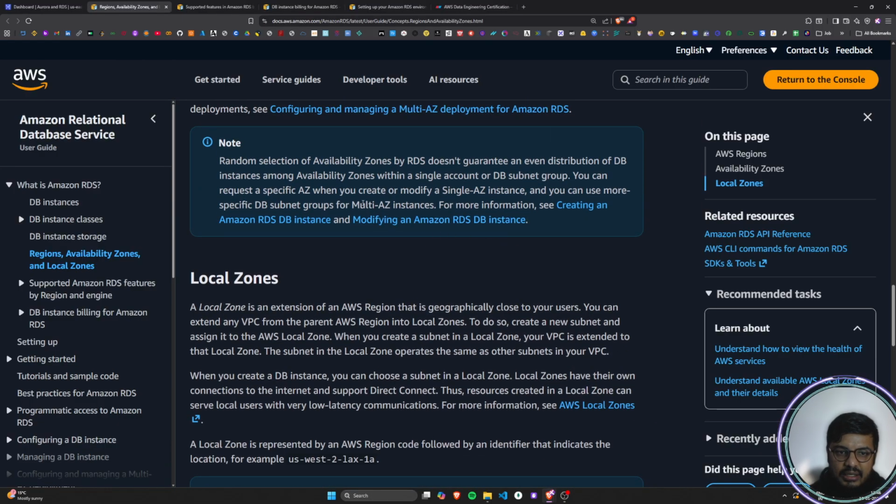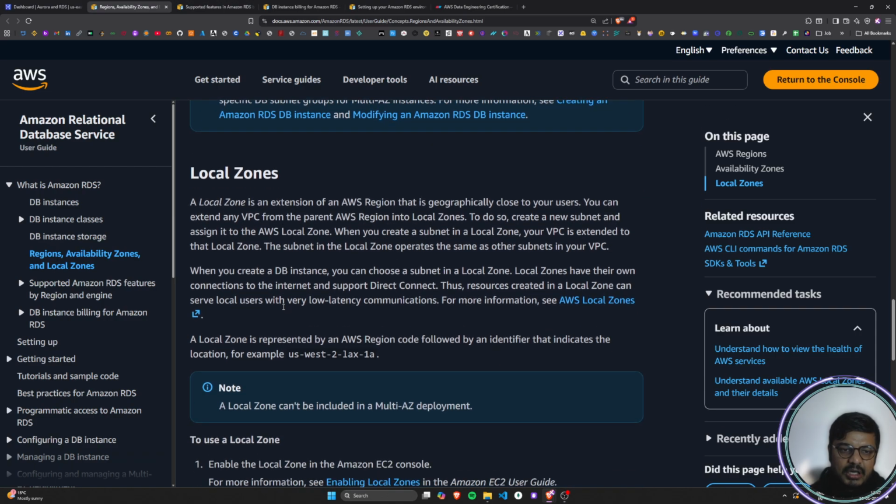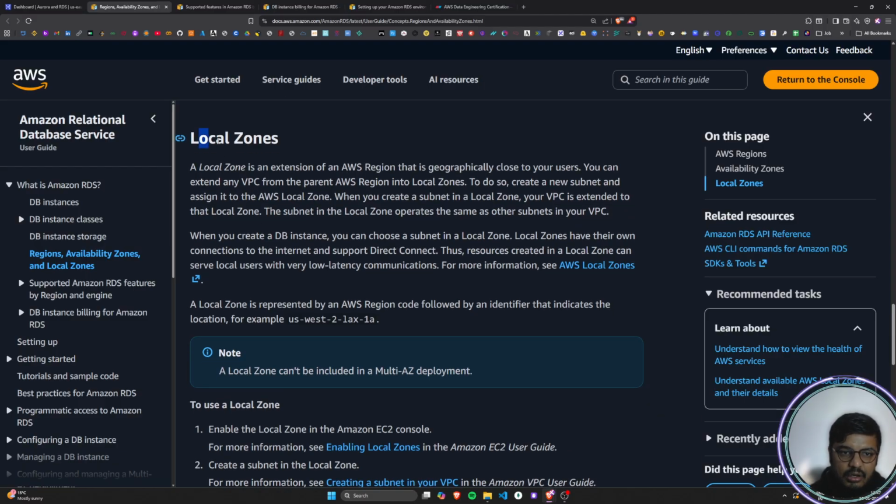Okay, again, choosing the availability zone option is only available when we are going ahead with a single availability zone instance. If you are going ahead with a multi availability zone instance, in that particular case, AWS will itself choose its deployment availability zone. Then there are local zones.